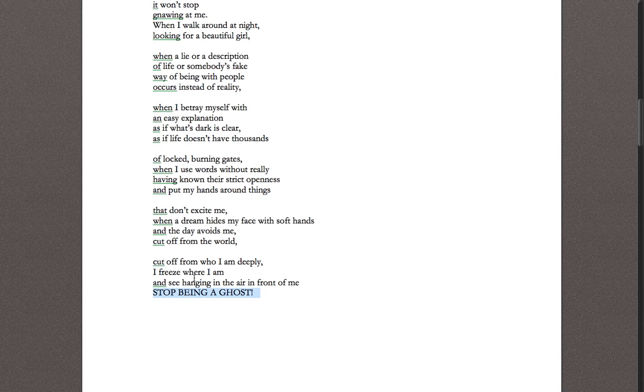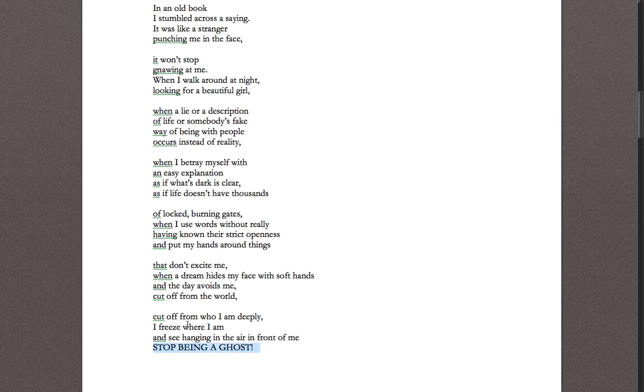Part of it is the syntax. Part of it is the fact that the sentence, the independent clause, is at the end of the poem. This is the heart of the sentence that starts at "when" and ends at "stop being a ghost." The independent clause is "I freeze where I am."